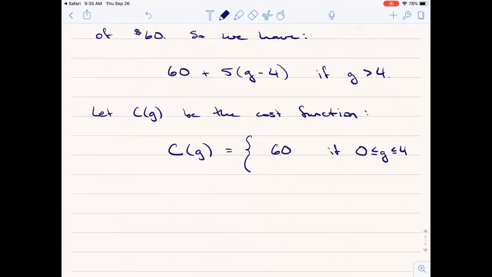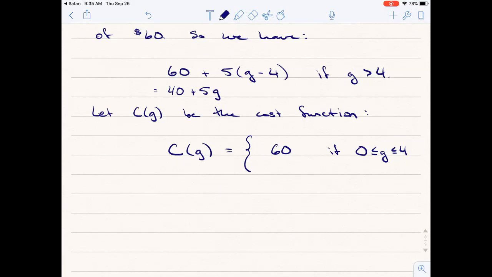I guess I should have simplified this, the function for the additional charges. We can expand the 5 in, so we get 60 plus 5G minus 20, which puts us at 40 plus 5G.